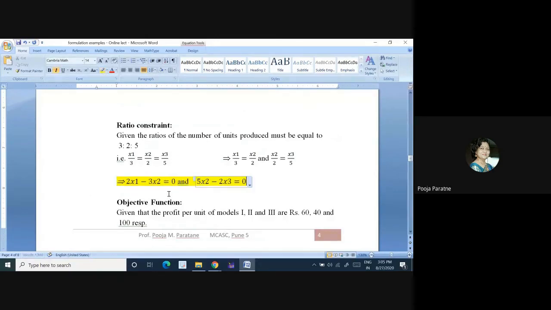And now we will go to the objective function. Given that the profit per unit of models 1, 2 and 3 are rupees 60, 40 and 100 respectively, it is very clear that the profit for model 1 is 60 into x1, for model 2 is 40 into x2, and for model 3 it is 100 into x3.